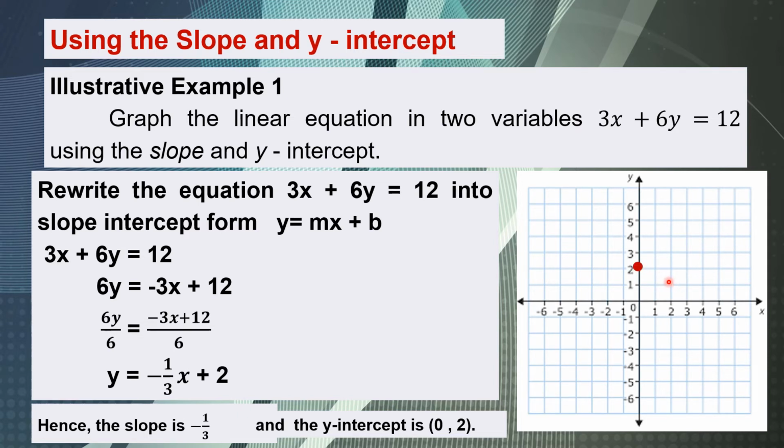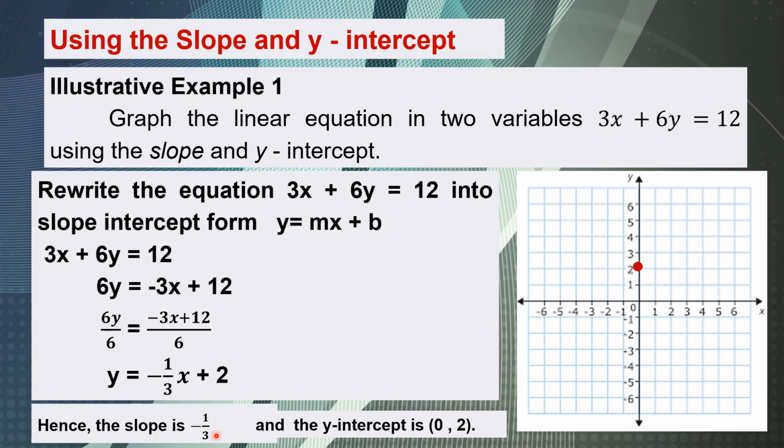Okay. So from this point ay i-plot naman natin yung ating slope, yung isang point natin gamit ang ating slope na negative 1/3. So yung 1, negative 1 natin ay siya yung ating rise.